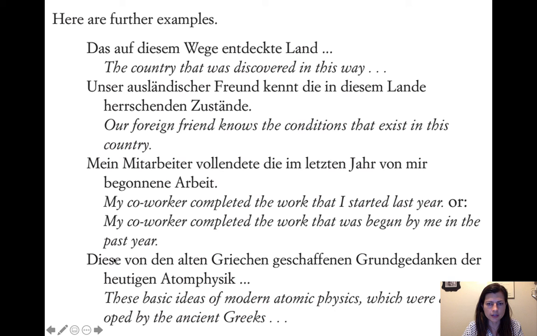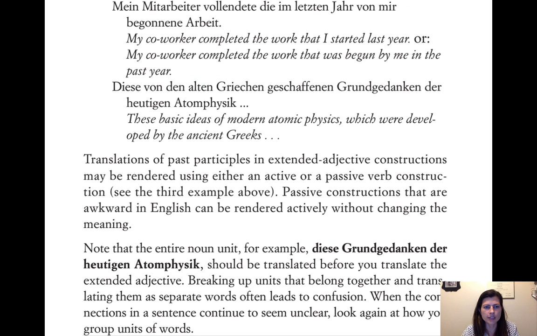So these basic ideas of modern atomic physics, and then we're going to go back and get this extended adjective construction that describes this thing we just translated, right? So which were, we've added in, and then developed, geschaffen is also created or developed. So created or developed by the ancient Greeks. Yeah. Okay.